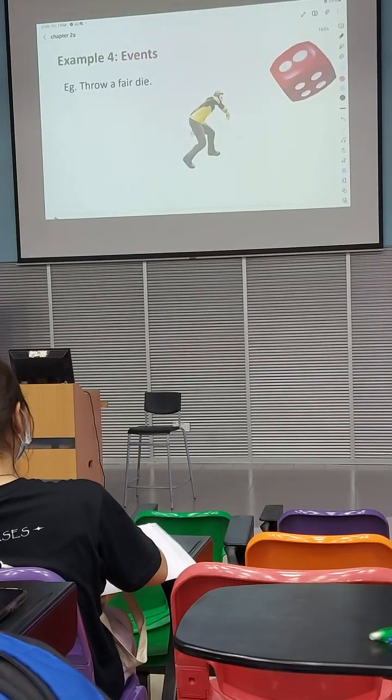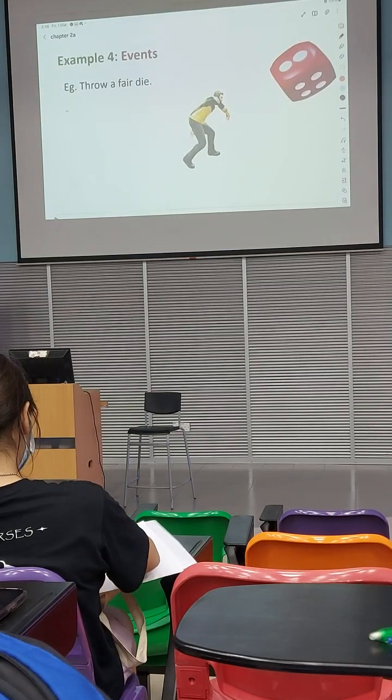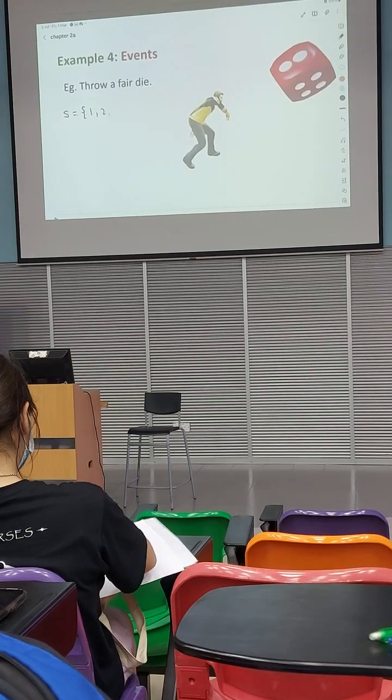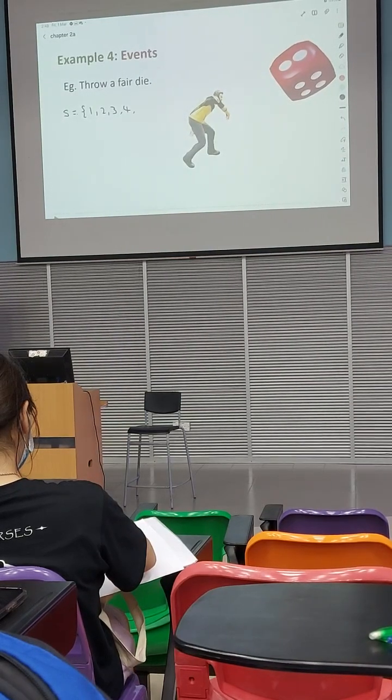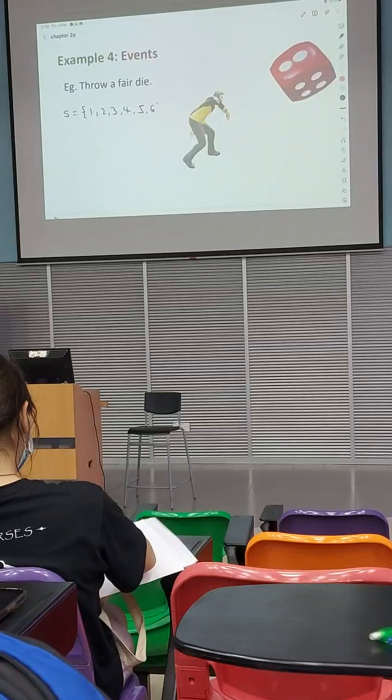Let us have a look at this. Just now we know that through this example, the sample space is 1, 2, 3, 4, 5, and 6. We can say that the number of elements in the sample space is 6.